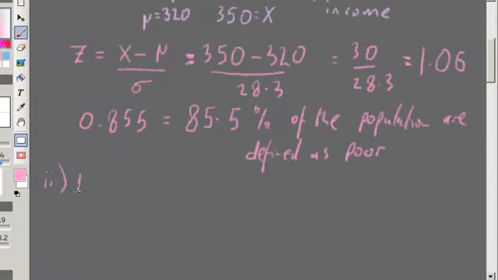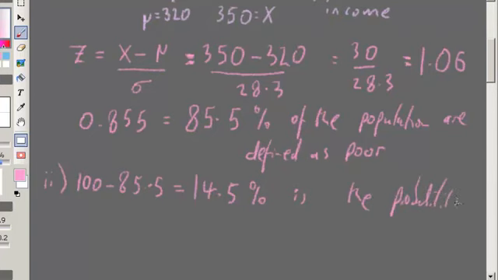That equals 14.5%, which is the probability that the person is not poor.